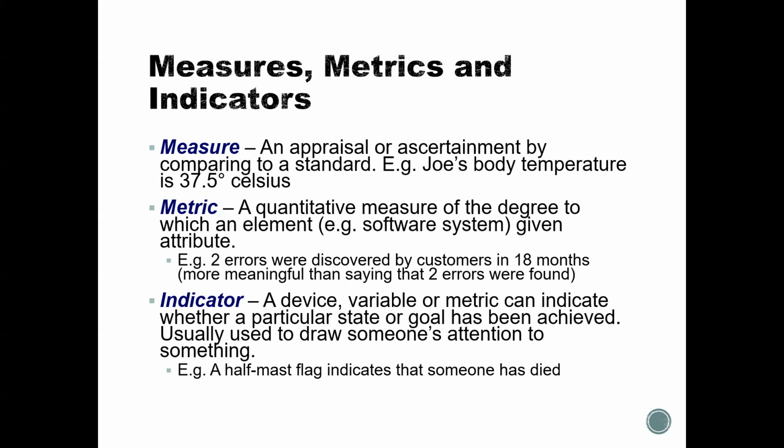This value also gives you an indication that his body temperature is going towards fever, because once he crosses 37.5 and enters 37.6, this indicates that his body now has a fever. So these three notions, measure, metric, and indicator, are going to be used very frequently in order to perform the measurement of software.